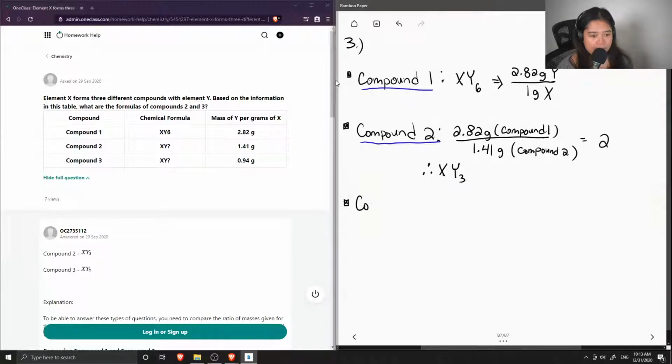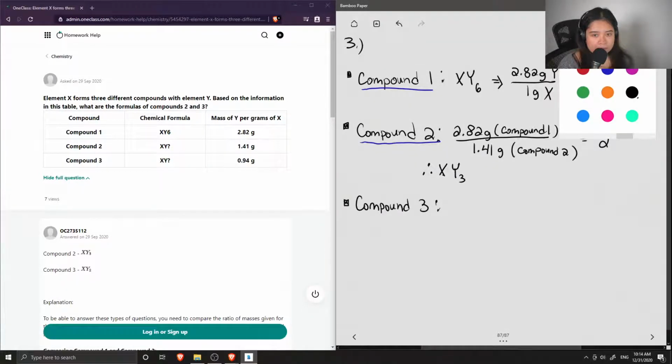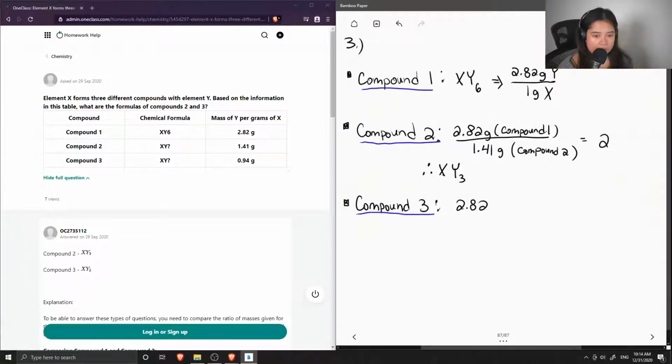So let's do the same thing for compound 3. Compound 1 had 2.82 grams of Y, and compound 3 only has 0.94 grams of Y. So the ratio between 1 to 3 is 3 to 1.